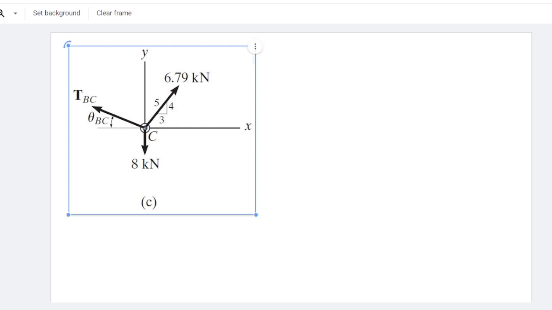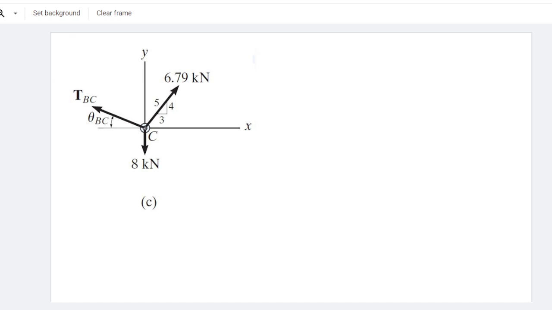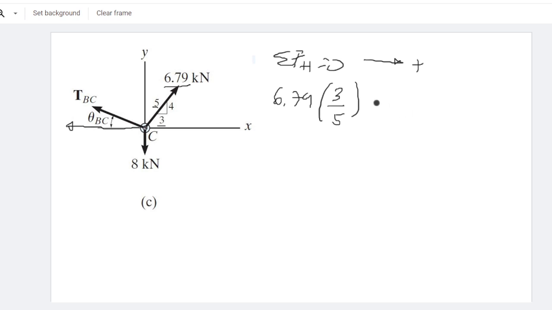So if I sum up forces horizontal, summation forces horizontal equals to 0, all going in this direction as, let us say, positive. So you have here 6.79. Take note that this is horizontal, so we're going to use this 3 all over this 5. And then this is going here negative, minus this is BC.